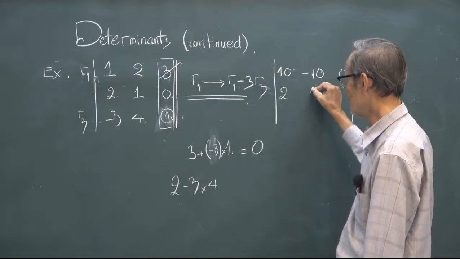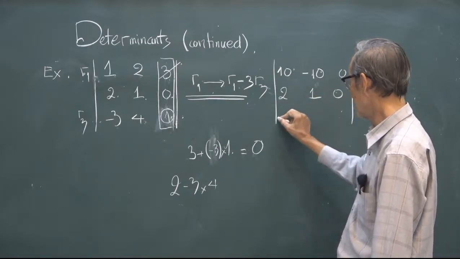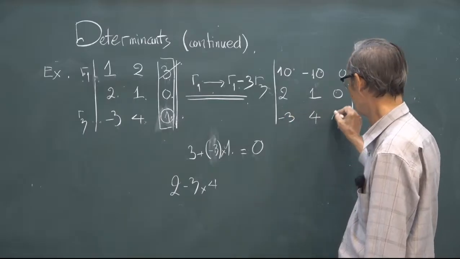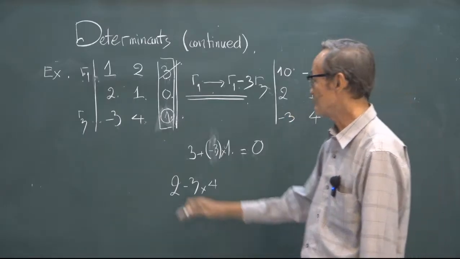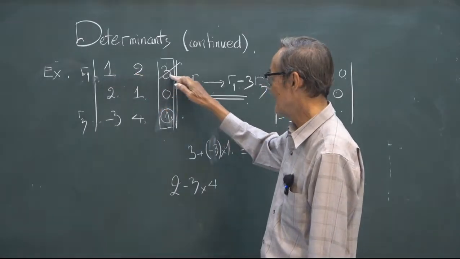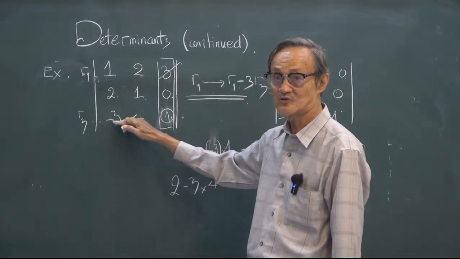Rewrite this row. We transform row 1 using row 3.